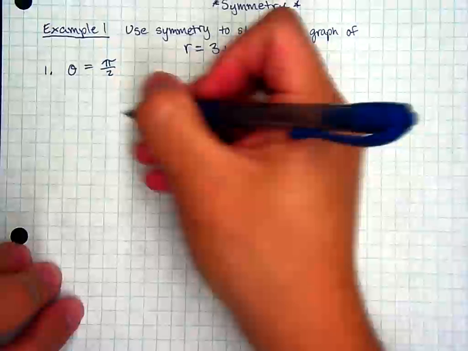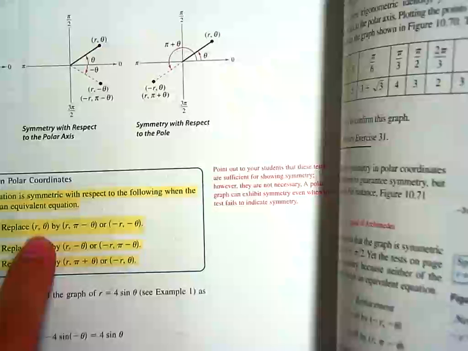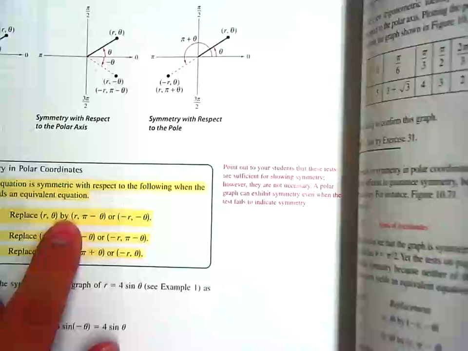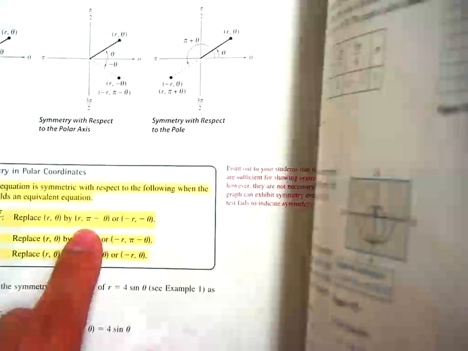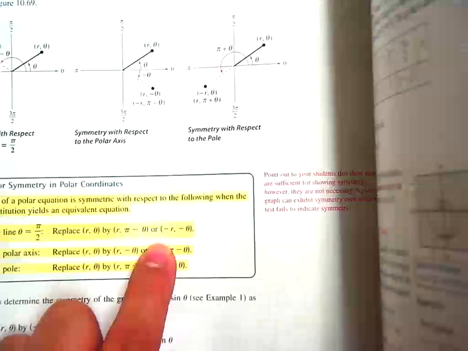So in order to do that, what they're telling me to do is I need to replace any r's and any thetas with either, r is going to be replaced by r, and theta is going to be replaced by pi minus theta. If you don't want to use pi minus theta because you're like, wait, I don't want to do extra math, you can plug in this one.